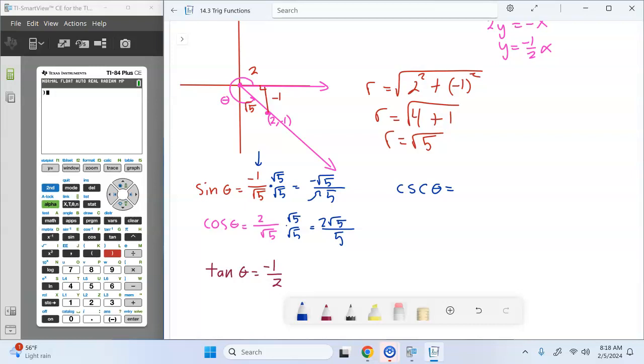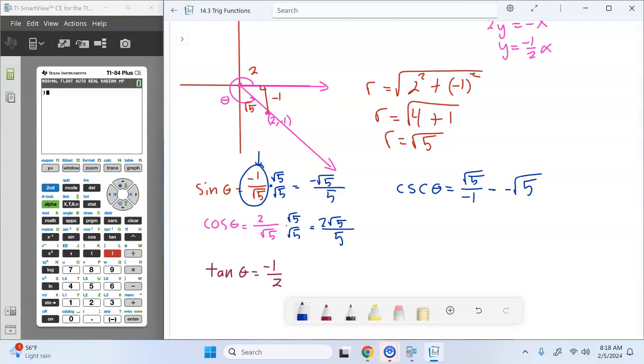But usually, it's a whole lot easier to go back to this one, negative 1 over root 5, because when you write the reciprocal, you don't have to rationalize it again. You're already taking the radical out of the denominator. So negative 1 over root 5 becomes root 5 over negative 1, or just negative square root of 5. No rationalization necessary.